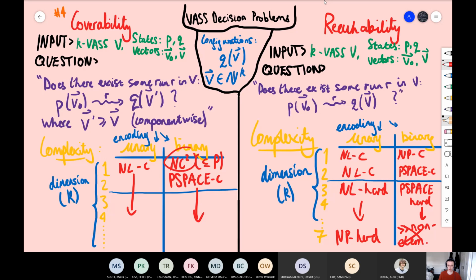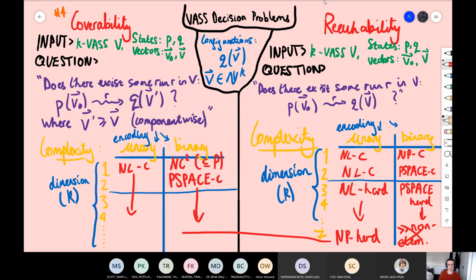I'm not very confident I understand this result, so I won't go into detail. Point is, it's in P, so it's nice and easy in the binary setting. It's immediately easier than the reachability one, and you can see that its depth is okay.